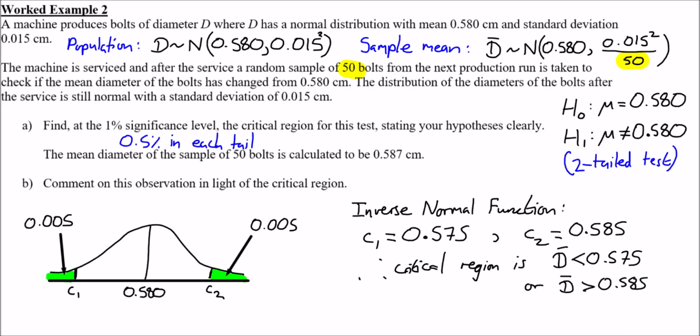So I'll just add these critical values on just so you can see where they are. 0.585 here, 0.575 down at this end.